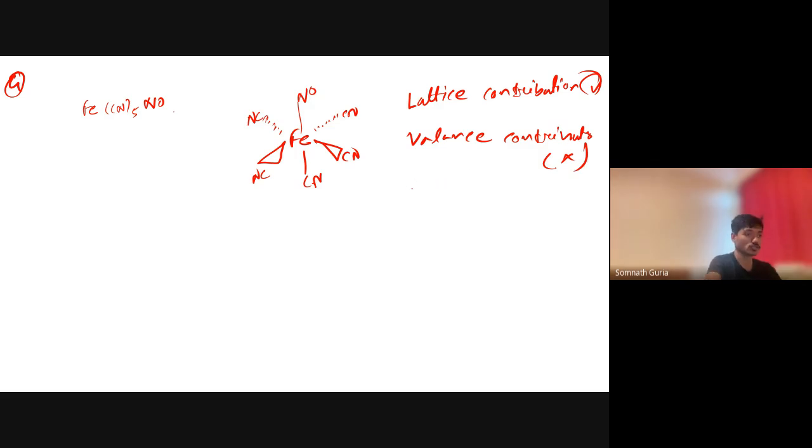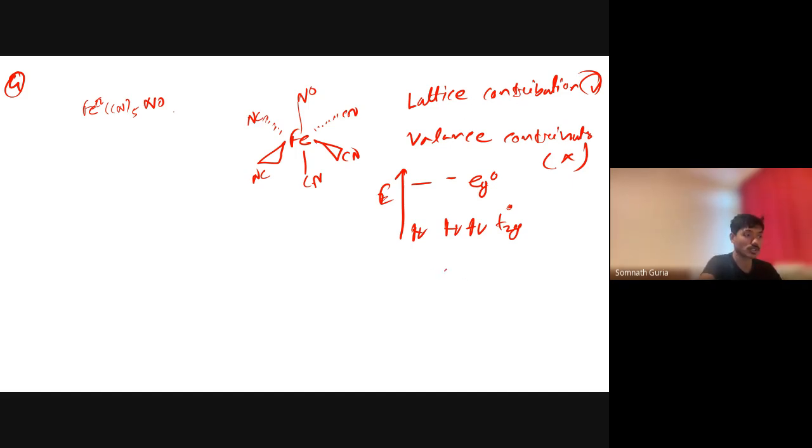We say the valence contribution is zero because the cyanide and the nitrosyl group are both very strong field ligands. It is a d6 system, so this is iron(II), with t2g6 eg0. Where the valence distribution is symmetric, the valence contribution will be 0, and the only contribution is the lattice contribution.